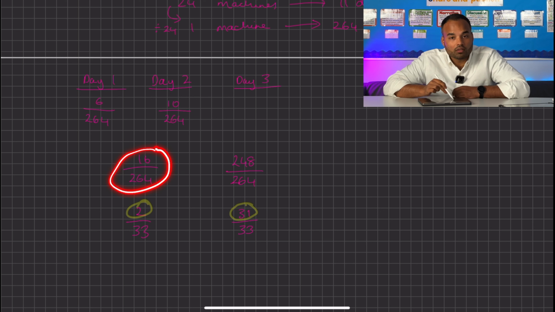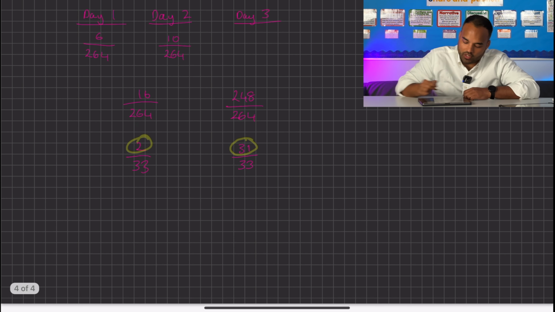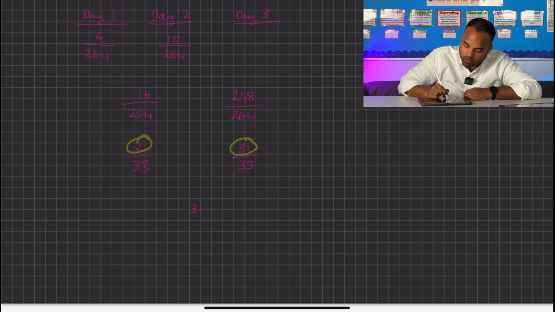This amount of work has been completed in 2 days, and the remaining amount of work will get completed in 31 days, right? So in total, it will take 31 plus 2, so 33 days to produce this batch of strawberries.